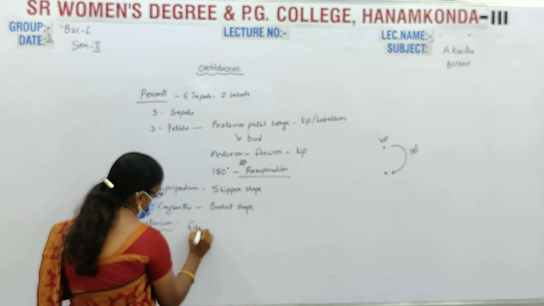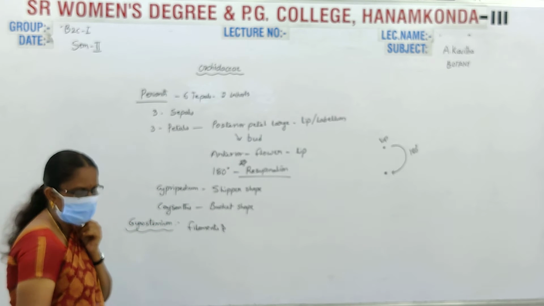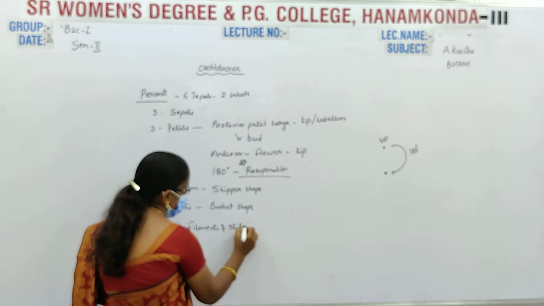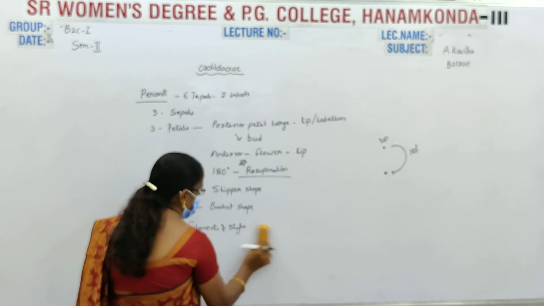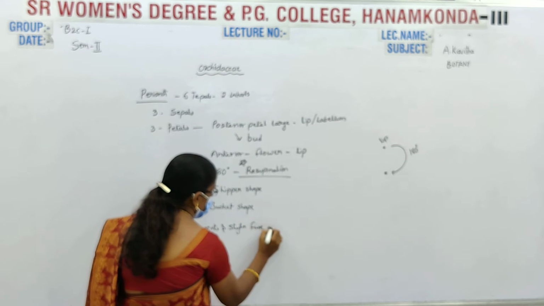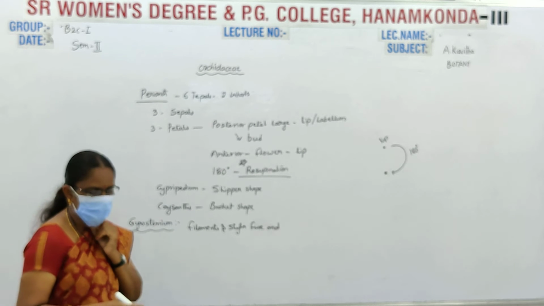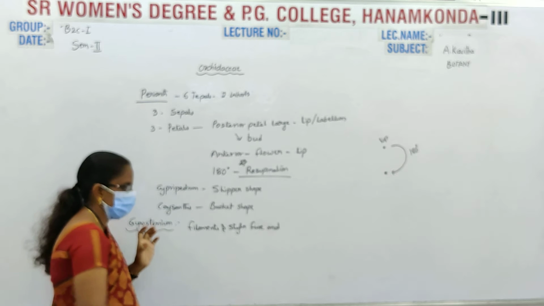The filaments and styles fuse and form a column-like structure, or just like a tube-like structure.